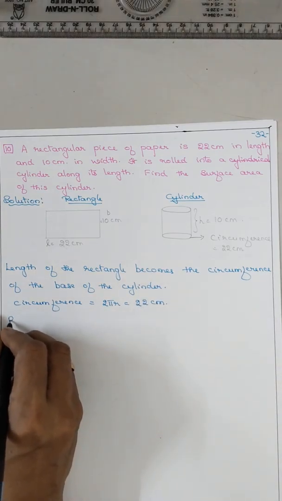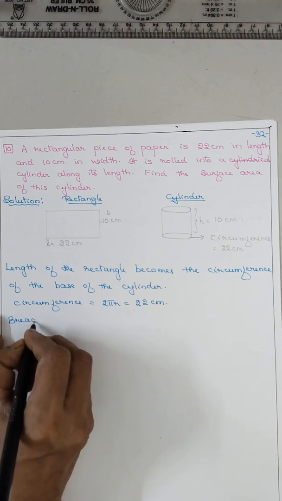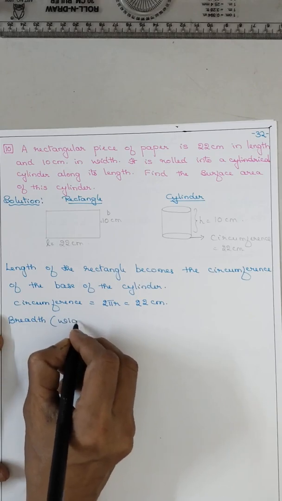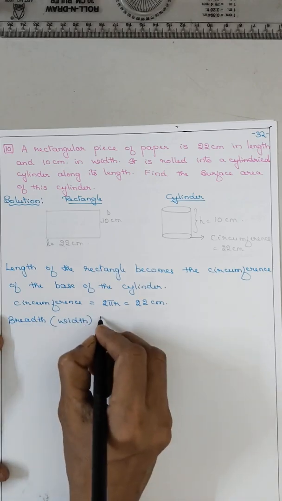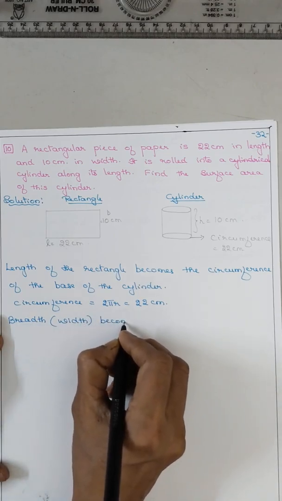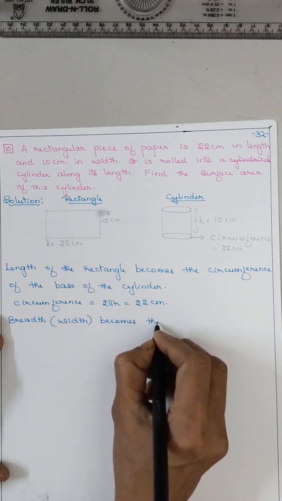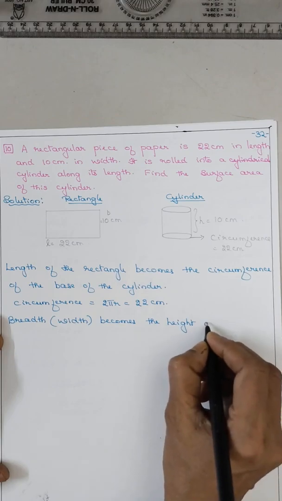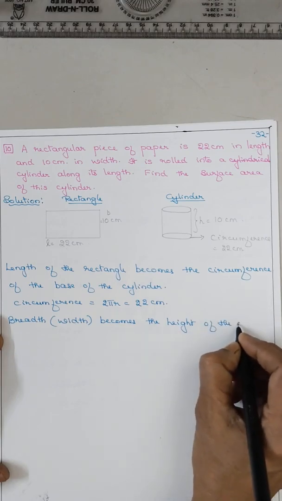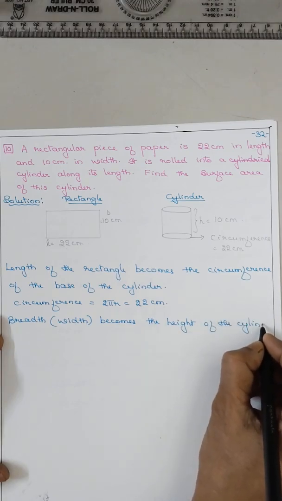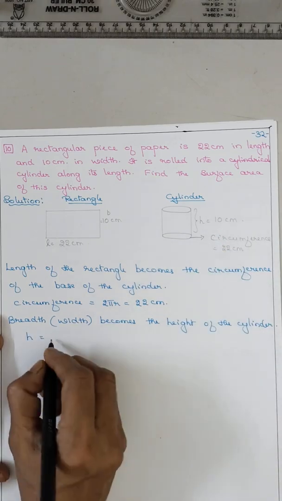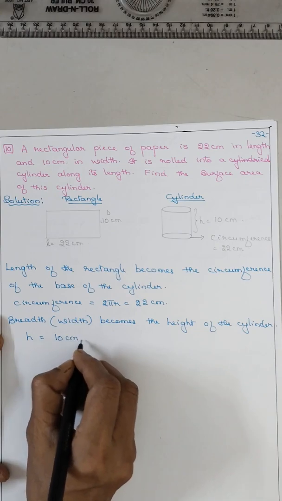Now the breadth or the width becomes the height of the cylinder. So h is equal to 10 centimeter.